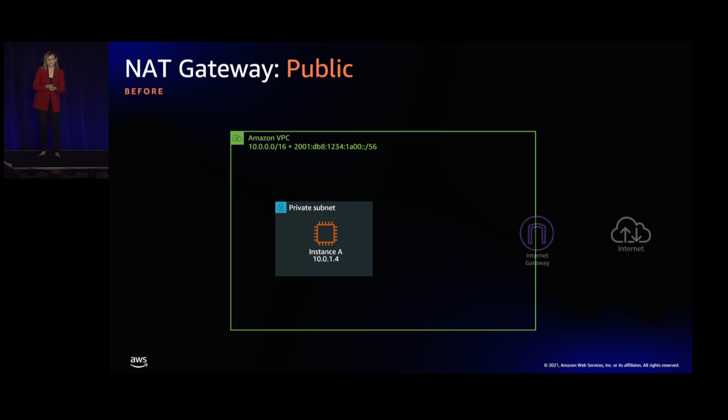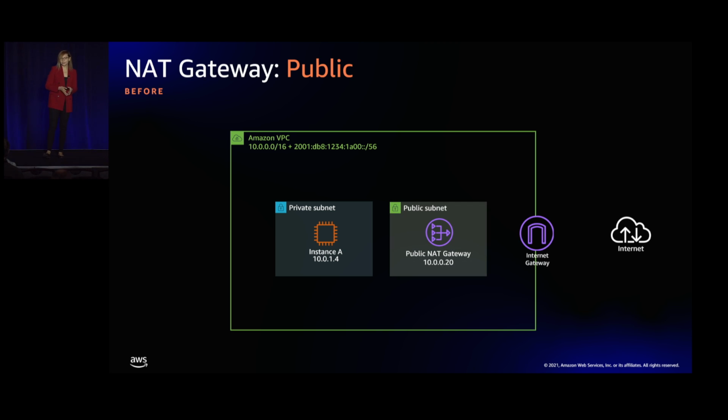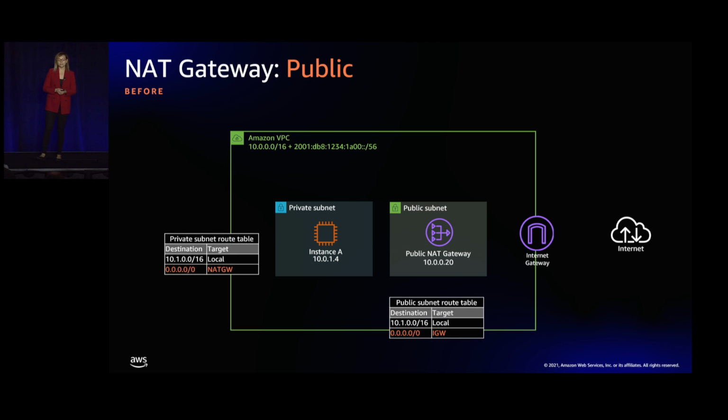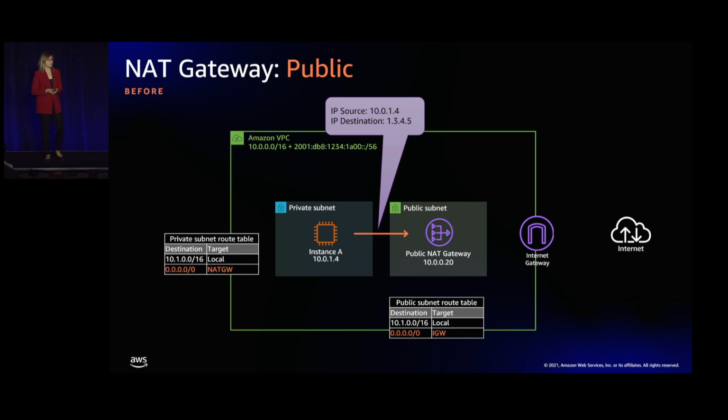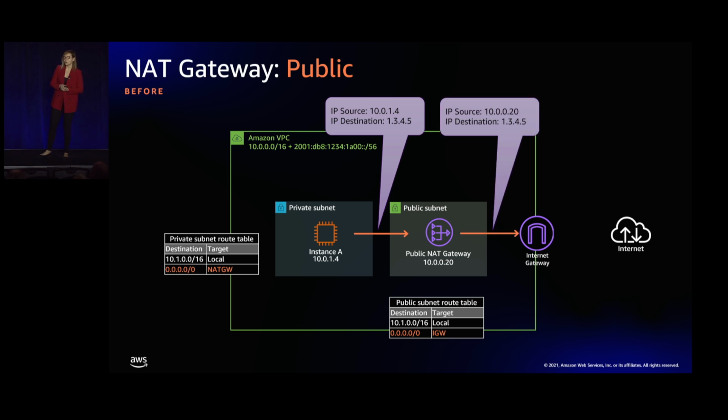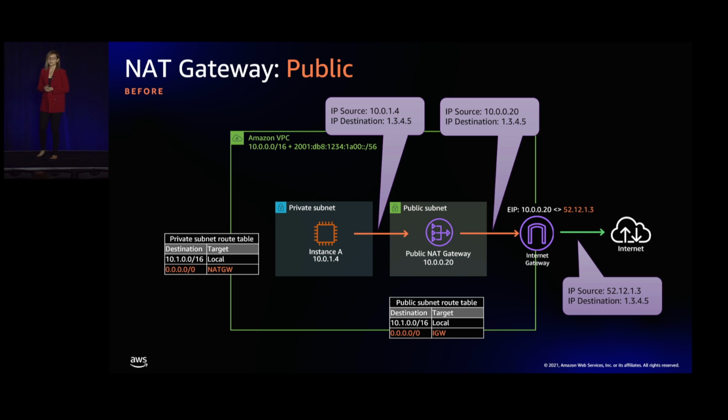Until recently, the NAT gateway was dependent on the internet gateway. So when we wanted to deploy it in the VPC, we would put it in a public subnet, and what it would do is translate the traffic that was coming from the private subnet instances into its own private IP address that was mapped to an elastic IP address at the internet gateway level.